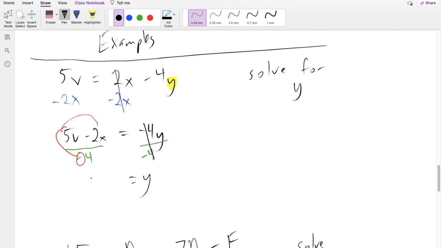That leaves me with a negative 5v. A negative and a negative make a positive 2x, all over 4. Again, I didn't want to leave that negative in the denominator, so I distributed it to the numerator. And that is the solution for y.